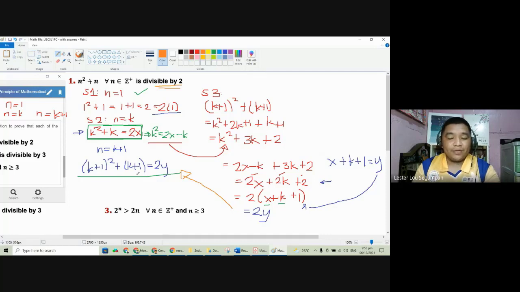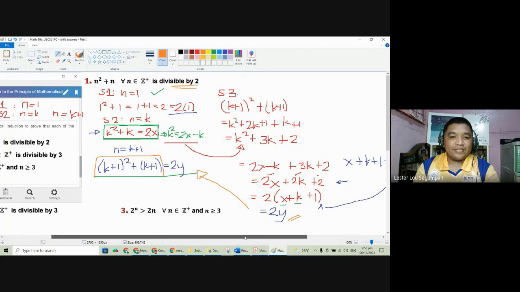Before we proceed to step 3, we need to determine what needs to be proven, and that is when we change the k to k plus 1. And again, here we just simply change to y to represent another value of the expression that's still divisible by 2. And then manipulate this left hand side, and then we use this expression here to come up with the final result. This is the proof that this is true.